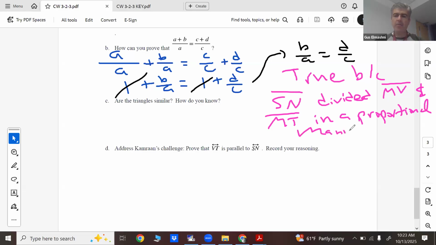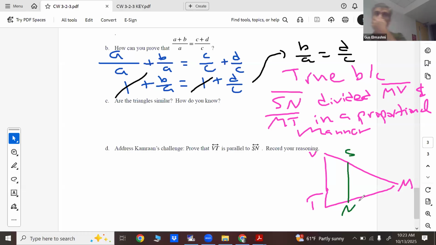Okay, let me draw a triangle one more time, and you'll know why. We had the big triangle, right? Here we go. And when you drew SN, you drew it deliberately to devise proportional. It was done on purpose.